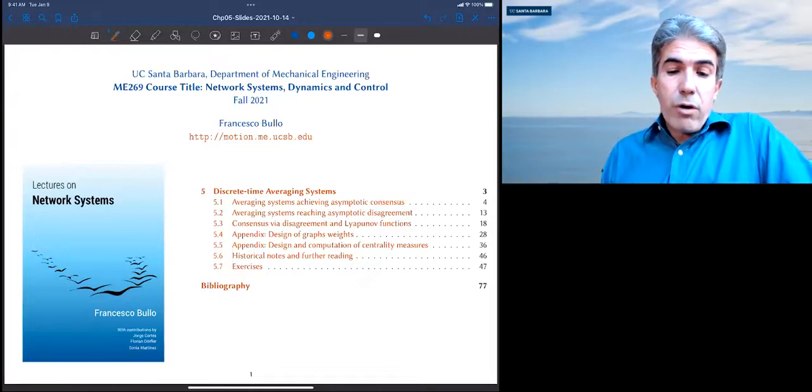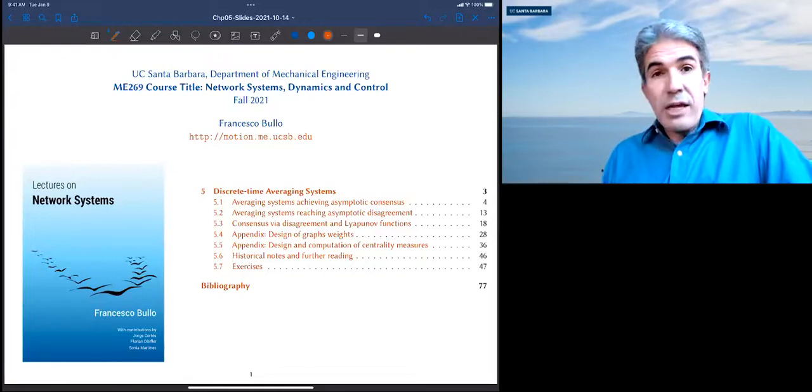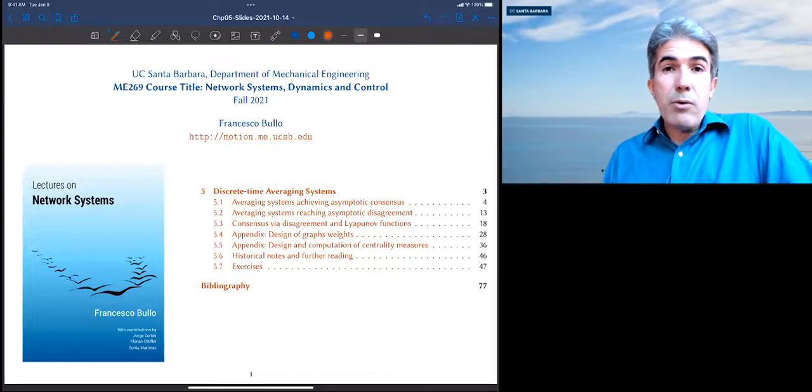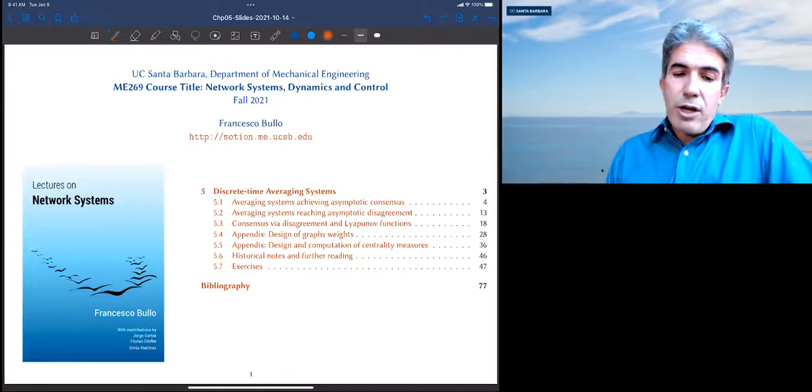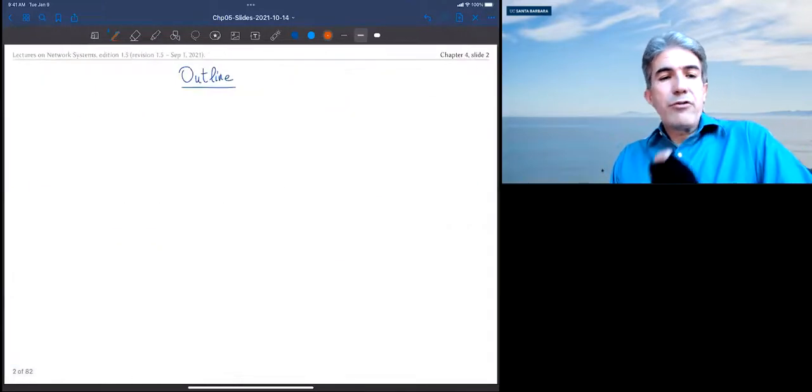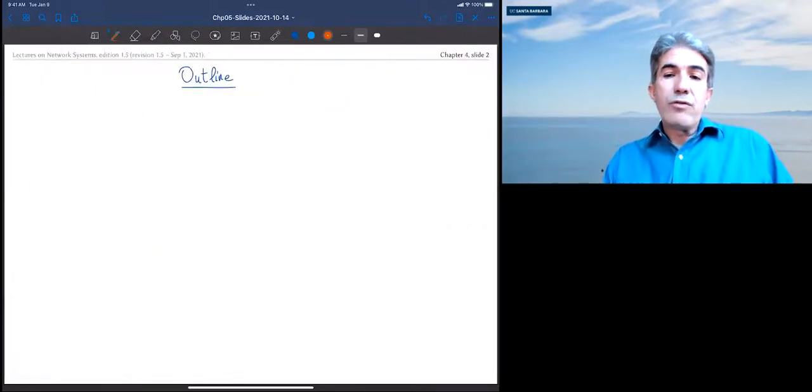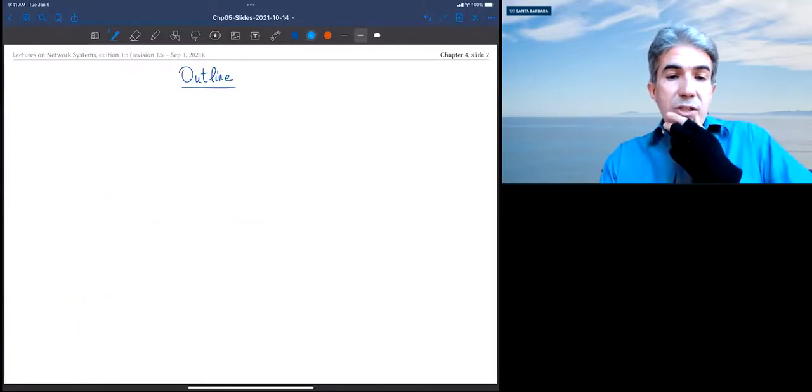In chapter 4, we discussed how to connect adjacency matrices and their powers to the connectivity properties given in chapter 3. So now I'm ready to give you an outline of this chapter.